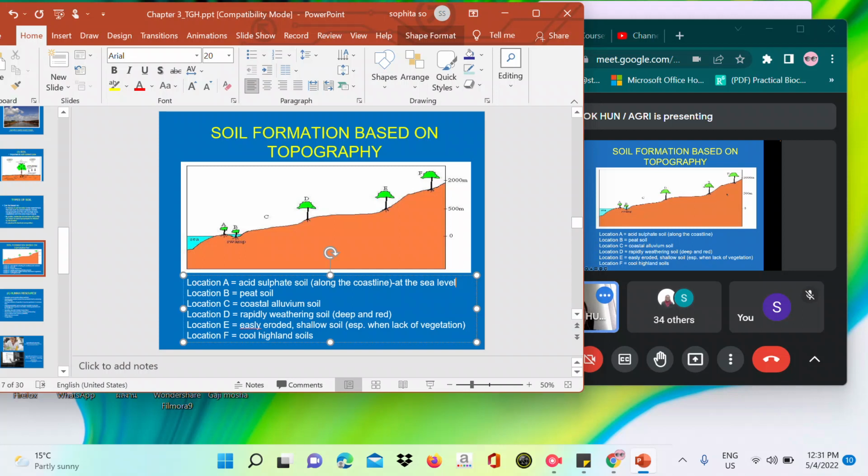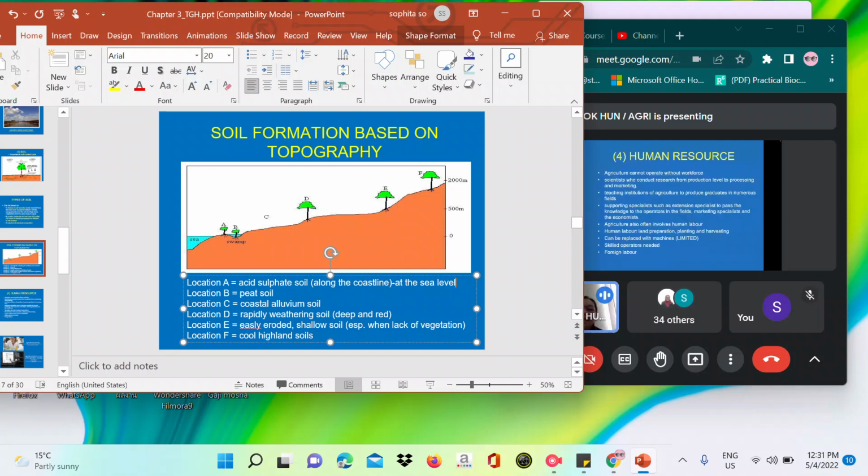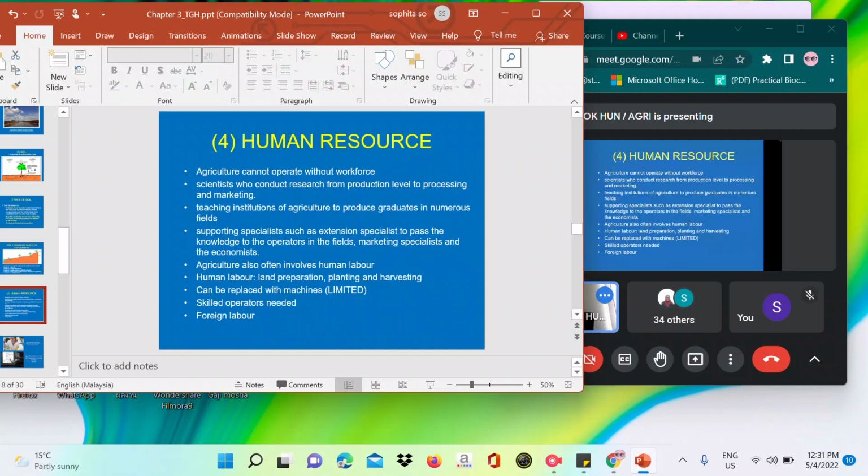All right, so factor number four is human resources. Agriculture cannot operate without workforce from humans. Starting from, say, you want to do some activities, you have to plow the soil. You have to plant the seedlings.